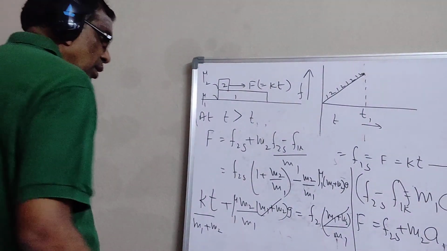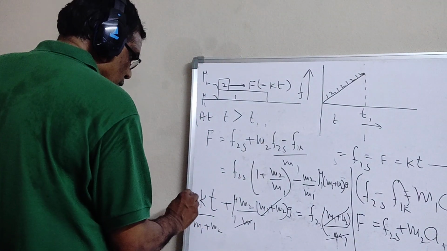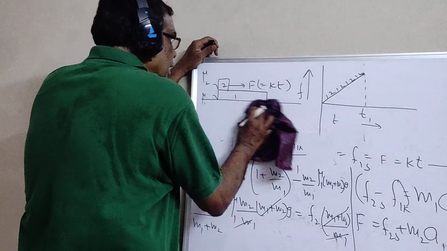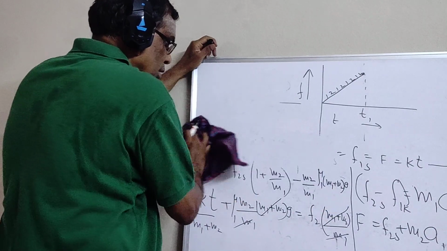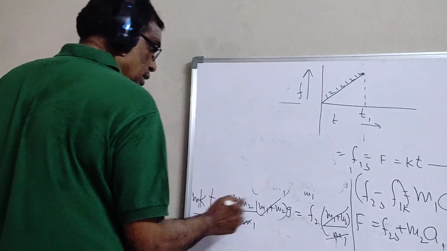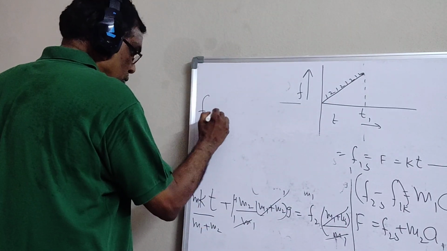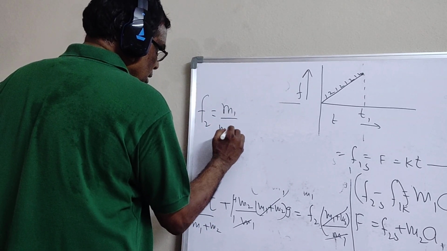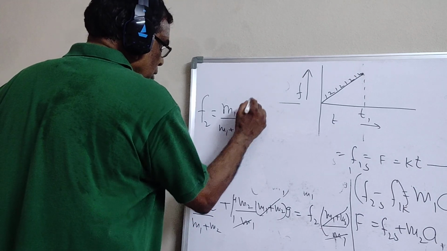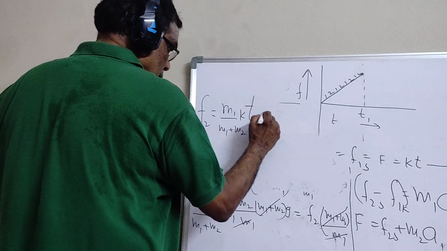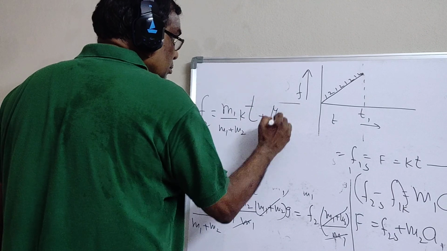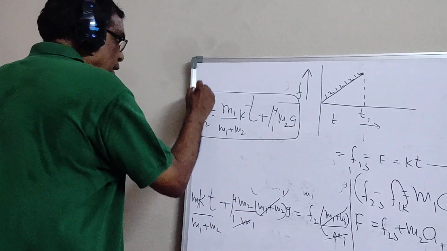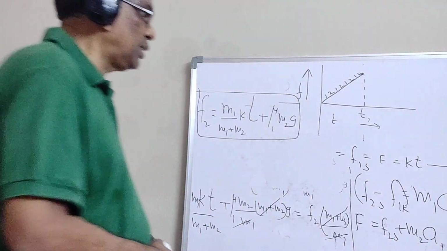Got it. Now I write that value here: F2 is equal to M1 by M1 plus M2 into K into T plus mu1 M2. This is a very, very important result.